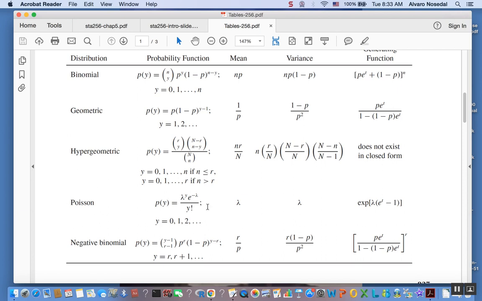A Poisson with parameter lambda has a probability mass function of lambda to the power y e to the negative lambda divided by y factorial, and the possible values are 0, 1, 2, up to infinity.